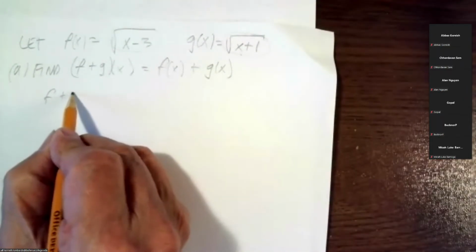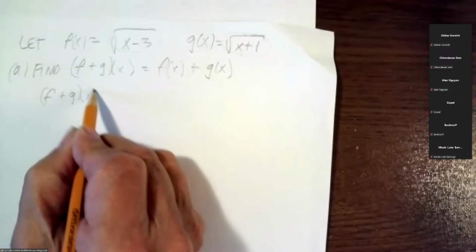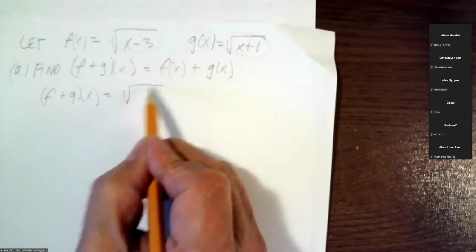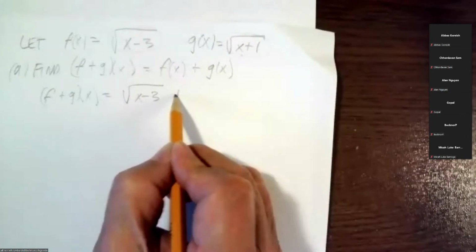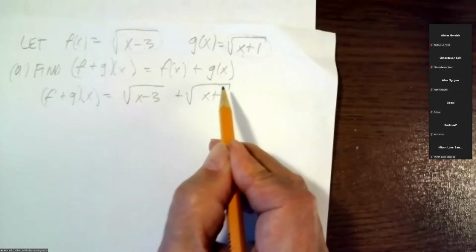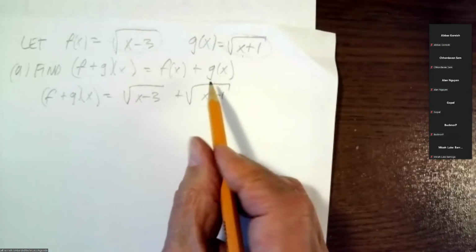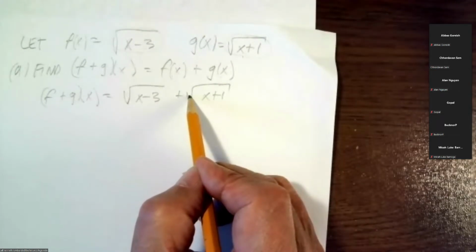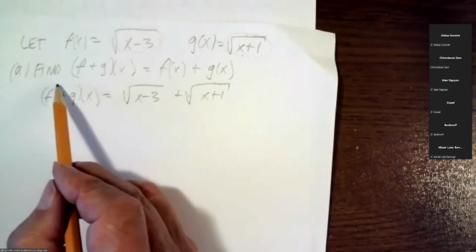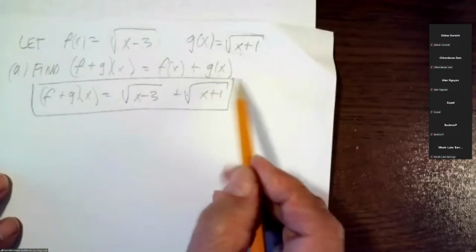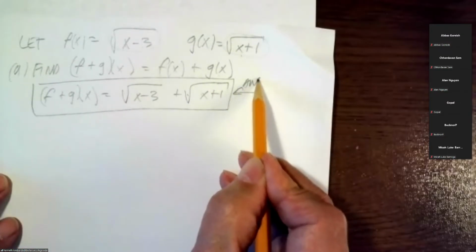So f plus g evaluated at x equals f of x, which is root x minus 3, plus g of x, which is root x plus 1. We really can't combine those, can we? Those are two different things. I don't think we can combine it. Okay, so let's just leave that alone for a minute, and we think that's what our answer is.